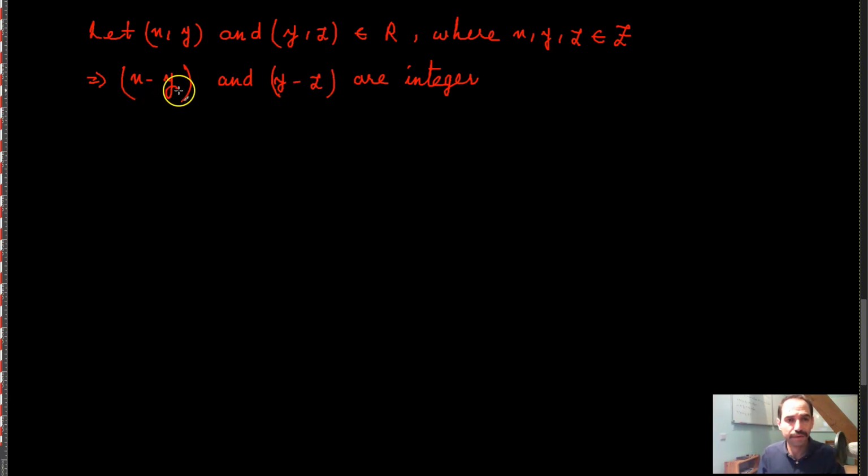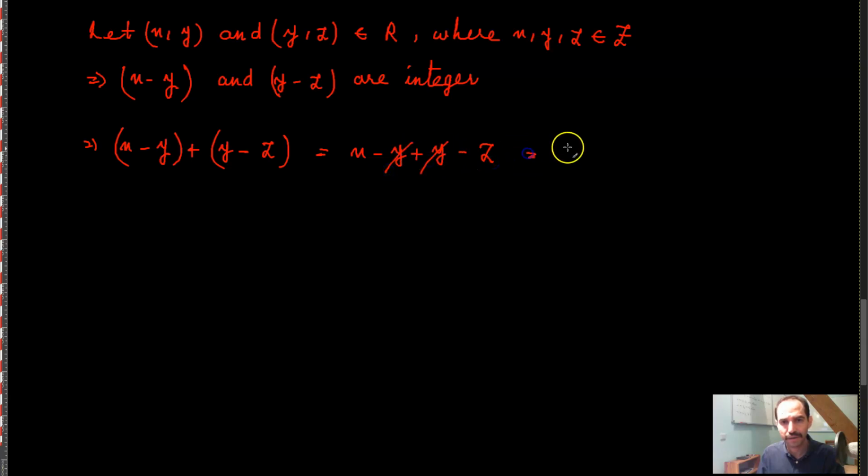And so if I write x minus z, I can write it as x minus y plus y minus z, and these two will cancel out and you have x minus z, right?